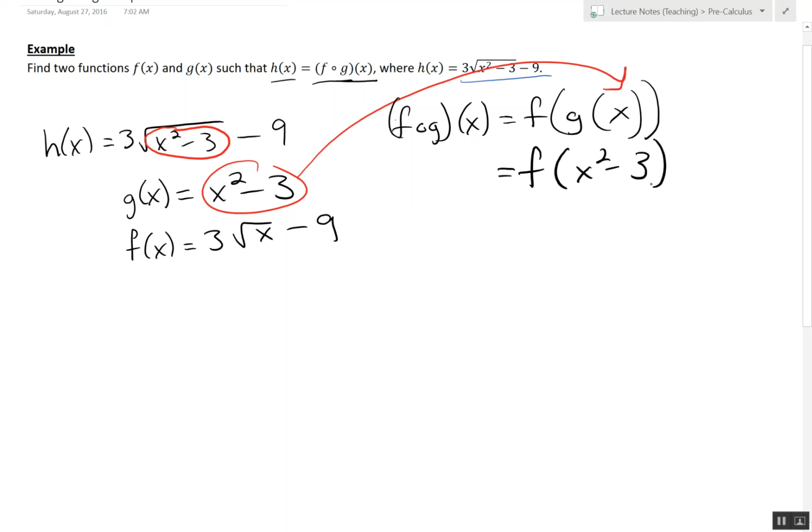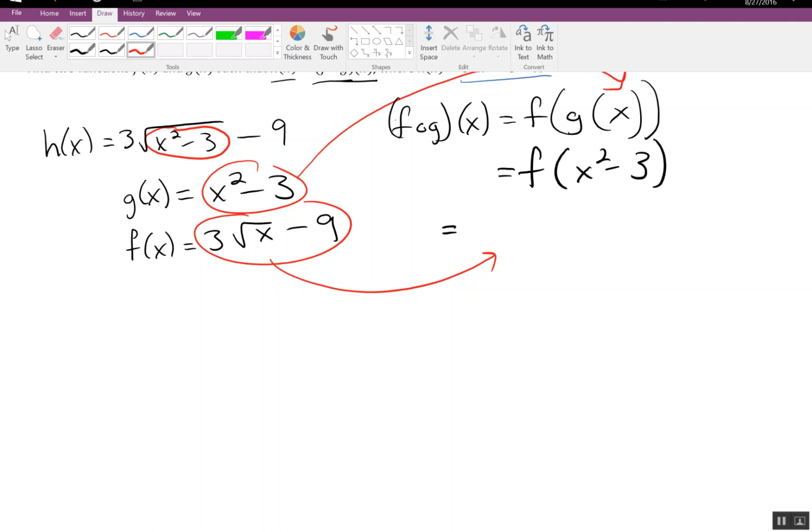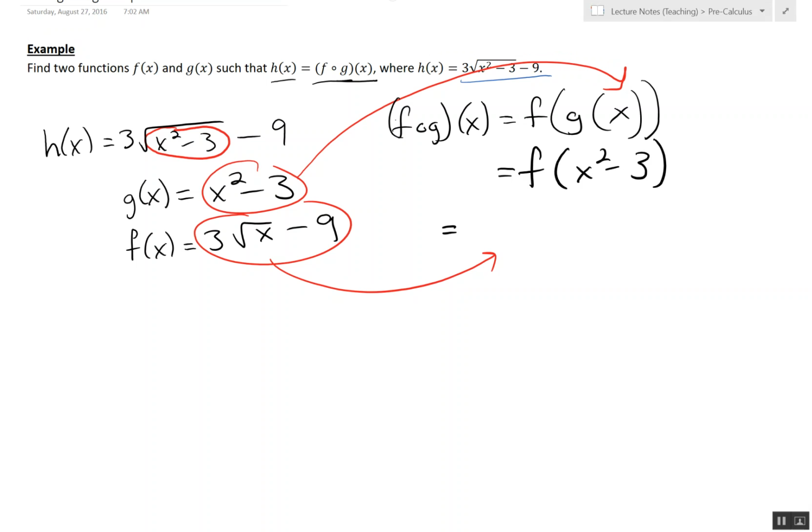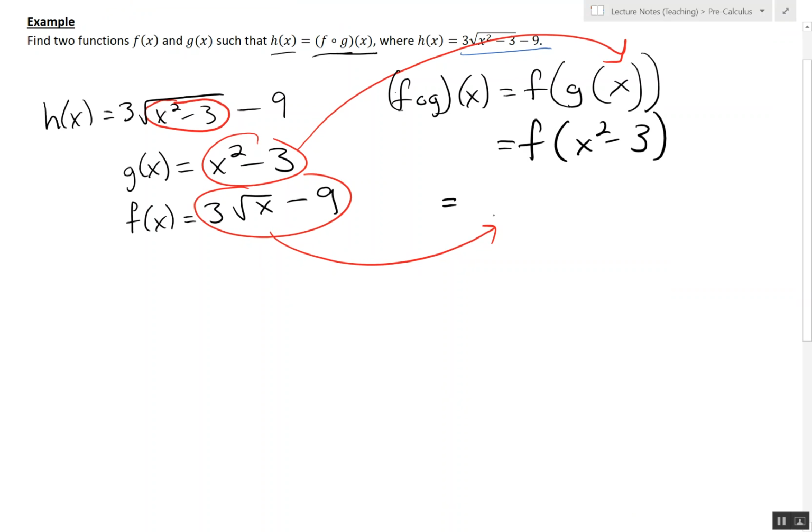So remember what our example says to do to evaluate f at an expression. You write down f. So here's f. So we're going to write down f, but everywhere we see the variable x, we're going to replace it with a parenthesis. So we'll have 3 times the square root of a parenthesis minus 9.